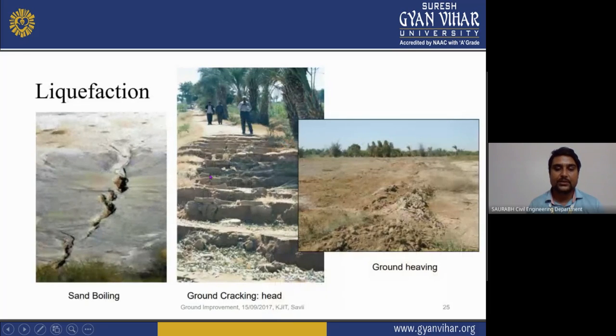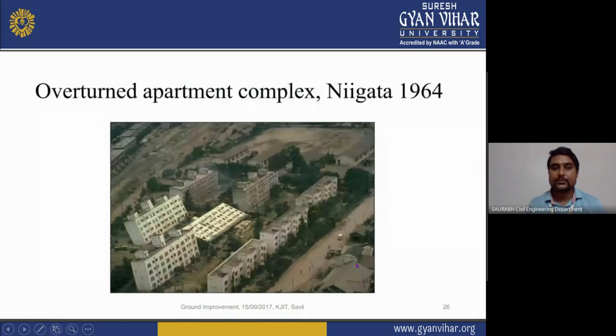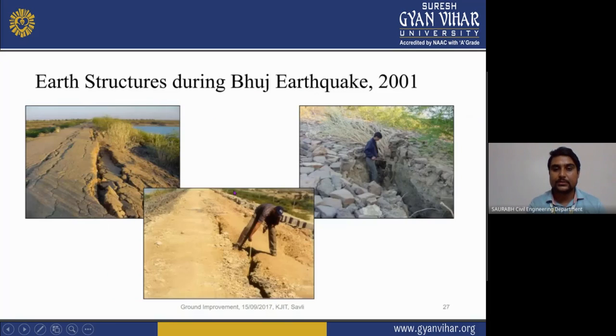Now let us come to liquefaction. As you can see here, there is sand boiling, that is ground cracking, and that is ground heaving. Overturning: this is an apartment which collapsed due to the liquefaction of soil, as you can see in this image.